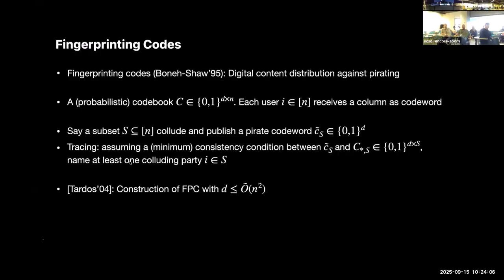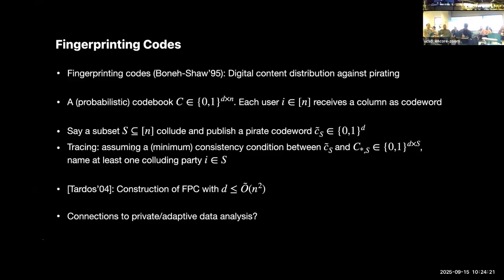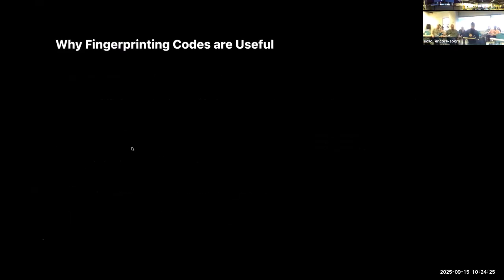So the optimal construction of fingerprinting codes is well known. It is known that you can have such a construction with the number of rows as small as n squared. Next, we'll be talking a little bit about the connection between fingerprinting codes and adaptive data analysis.